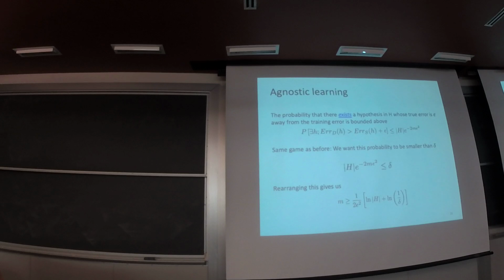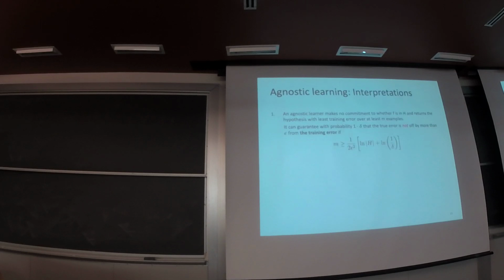Say, I want it to be smaller than some designated level, delta. To achieve this, we can simply make this bound less than or equal to delta and solve this inequality in terms of the number of training examples. We get our new sample complexity for agnostic learning. Just solve this inequality, and we get this.